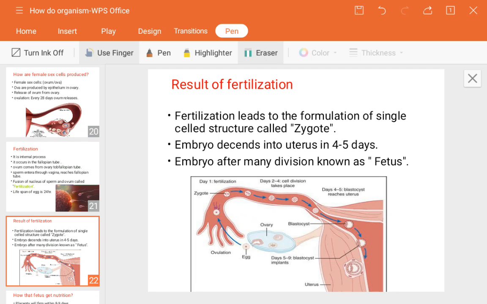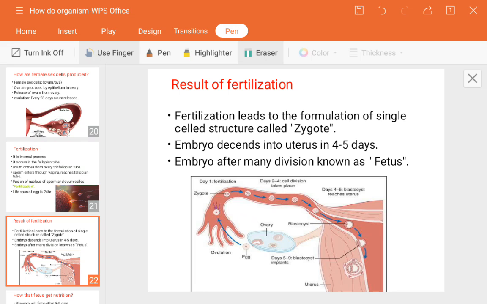But the main definition of fertilization is that the fusion of the nucleus of both sperm and ovum takes place to form one structure called a zygote, and that whole process is known as the fertilization process. The zygote is actually a single cell.